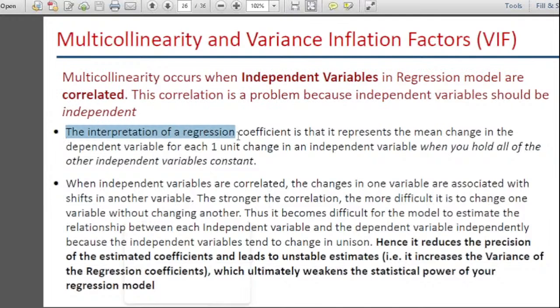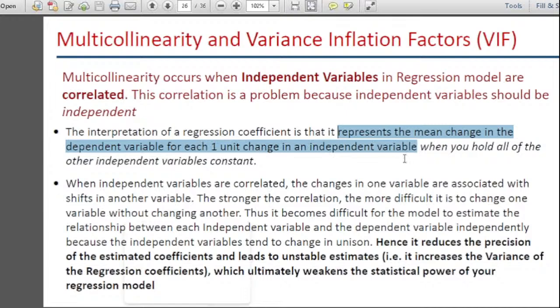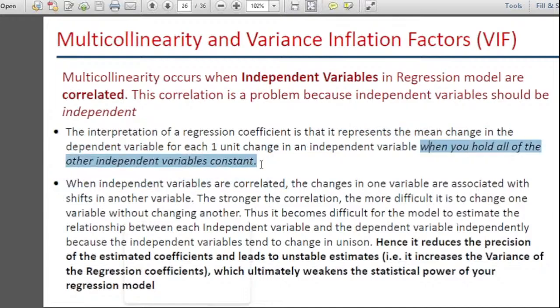The interpretation of a regression coefficient is that it represents the mean change in the dependent variable for each unit change in the independent variable when you hold all other independent variables constant. Now, what does it mean?